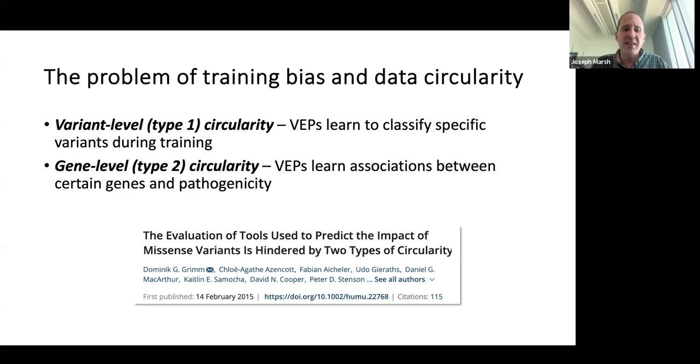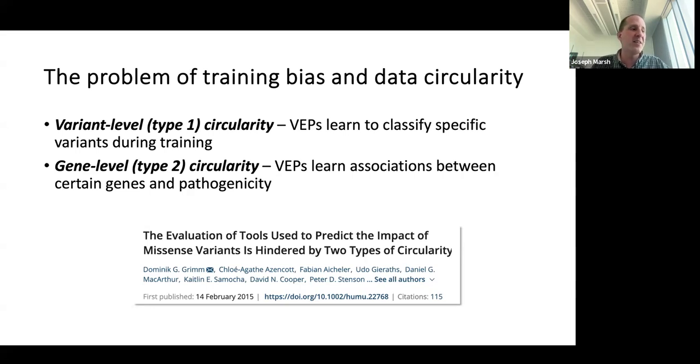And the other is called gene-level or type 2 circularity, and that's more of a gene-level bias, where variant effect predictors learn that certain genes are much more likely to be associated with disease mutations than others. Essentially, if you have varying balance between pathogenic and benign variants across different genes in your training data set, and your test set matches that, you can get this other level of bias creeping in, relating to inflated performance.